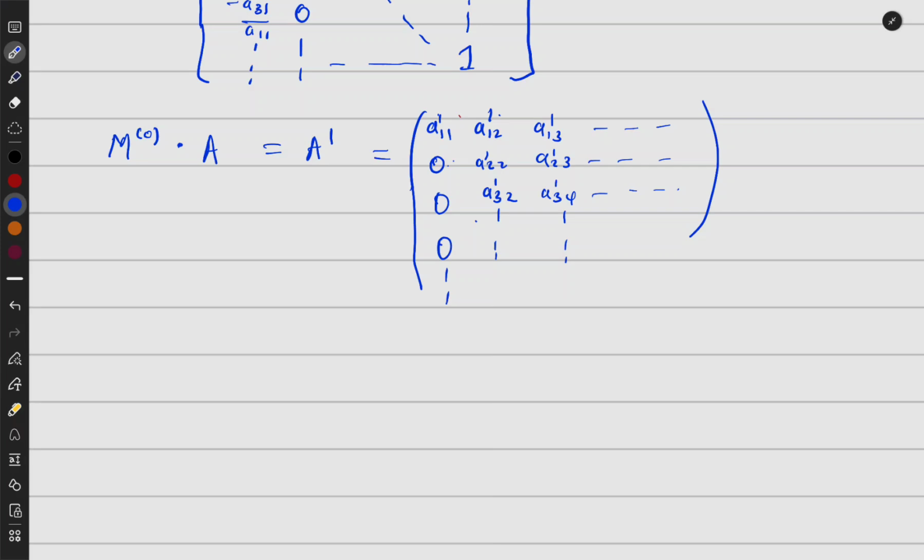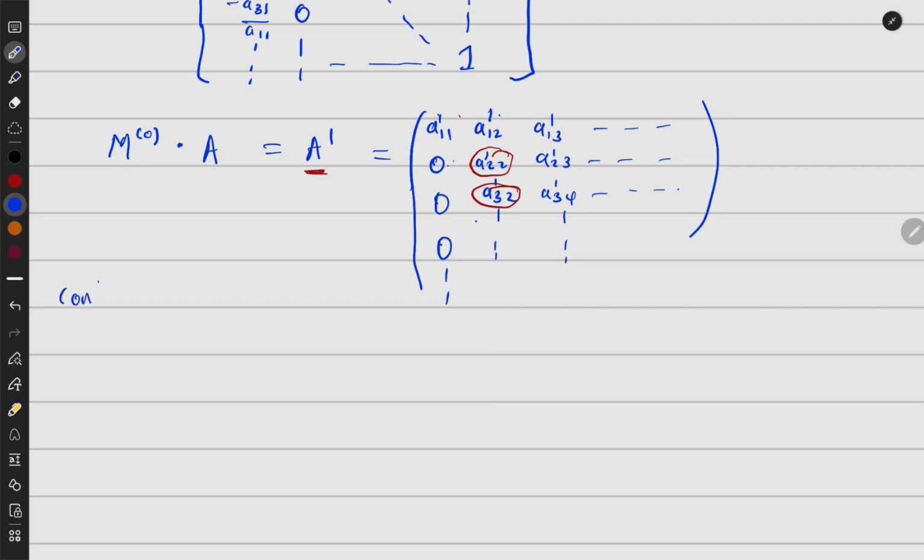Now you want to also eliminate these. Yes, you have formed a new one, but you also don't need those ones. So how do you remove those ones? You remove those ones by still multiplying. So after getting the A1, now you continue and get the M1.